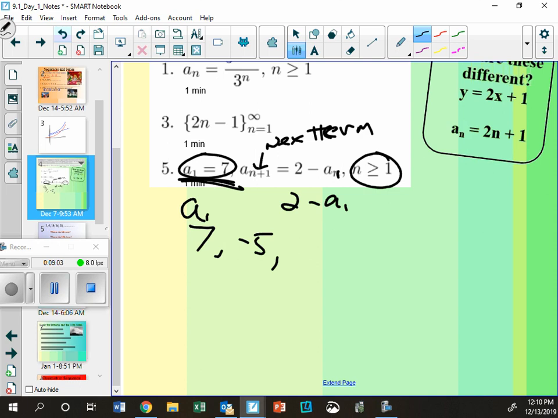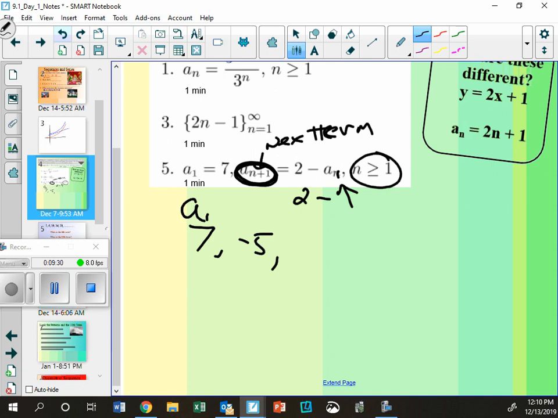Now can you tell me what we're just going to do each time? So what do you think the next term would be? Because why? So now you're going to go 2 minus the one before it. So to get the next term, you do 2 minus the one before it.